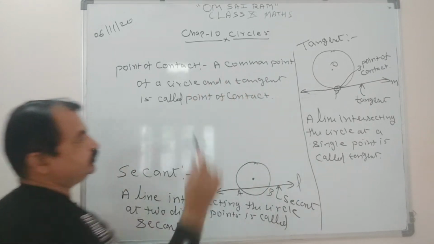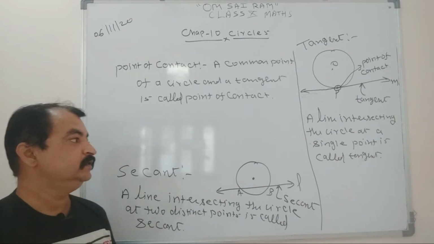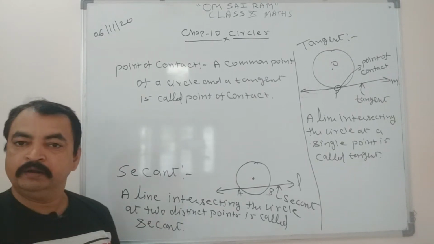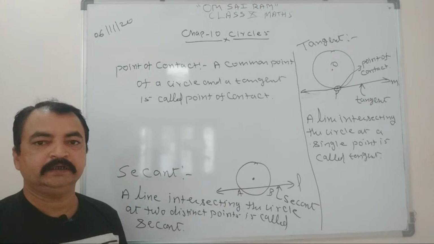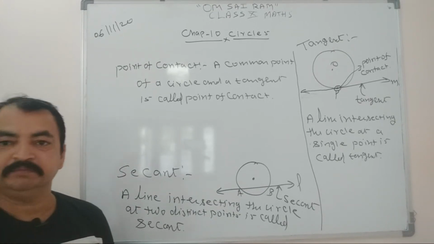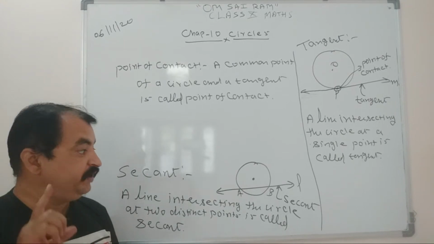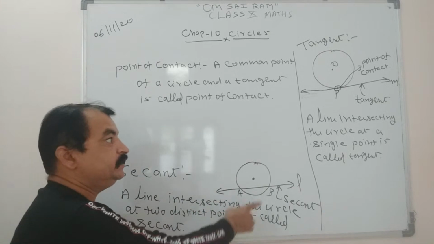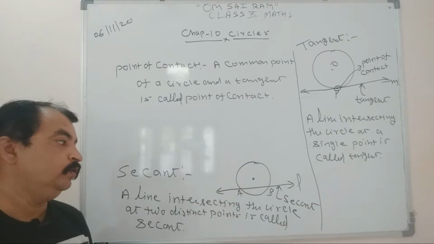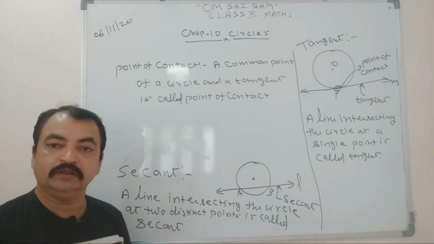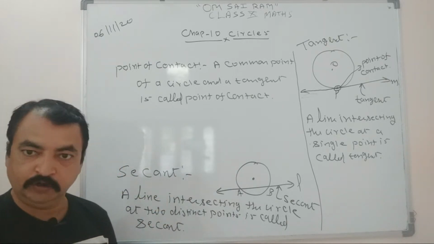Okay, children? So see, all the terms which we needed this year are over. Basic definitions for the circle, right? Center of the circle, radius of the circle, okay? Then the most awaited are the secant and the tangent of the circle, because the whole concept is on the secant and tangent of the circle, children. Got it?